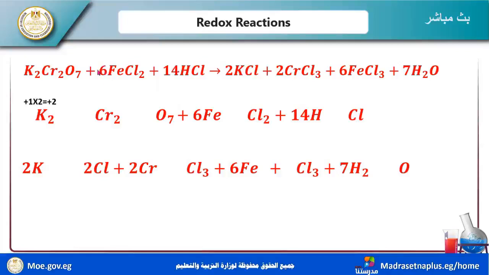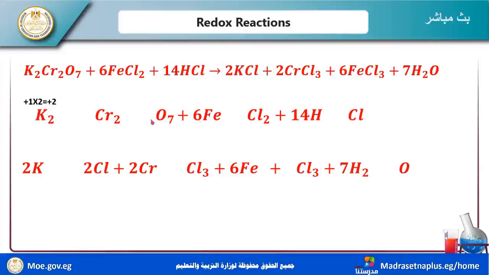Okay? Now potassium is positive 1, times 2, so K2 has positive 2. But the oxidation number of potassium is positive 1. I mean each atom is positive 1, and positive 2 here is for 2K.